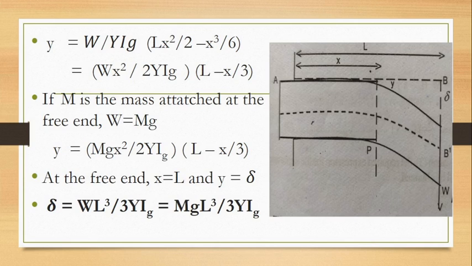Weight will be mg. If m is the mass attached at the free end, the weight which is acting downwards is m into g. So you can substitute mg for W. So the equation will become y is equal to mgx square divided by 2YIg into (L minus x by 3).